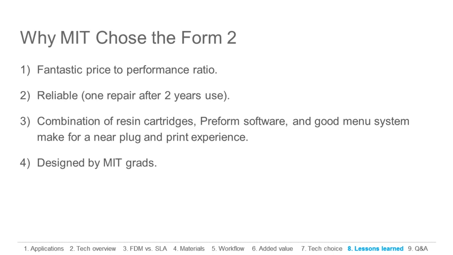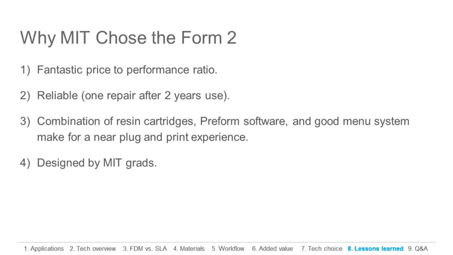The other nice thing about the Form 2, going along with the reliability, is that it's not quite plug and play, but it's pretty close to it. With our lab and our space, we're not necessarily trying to teach people how to build a 3D printer. That's a decision in an educational environment you need to make: do we care about the final product, or do we care about teaching the process of what a 3D printer is and how you troubleshoot one?